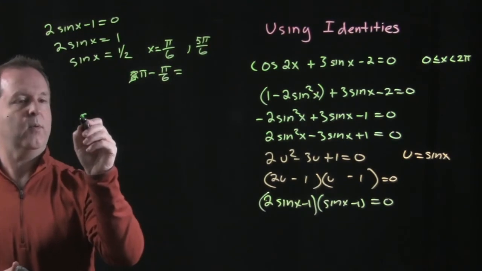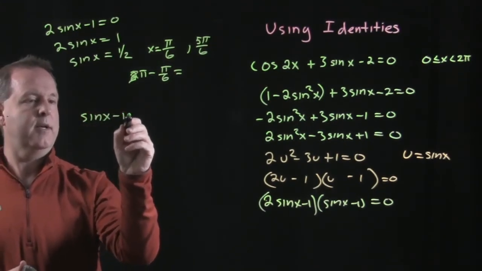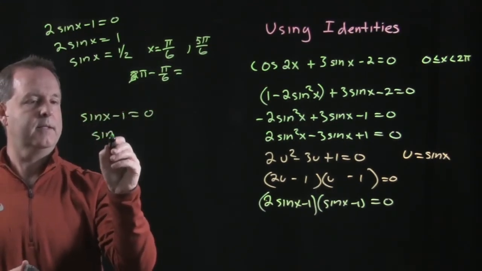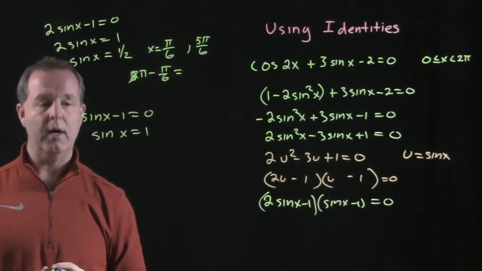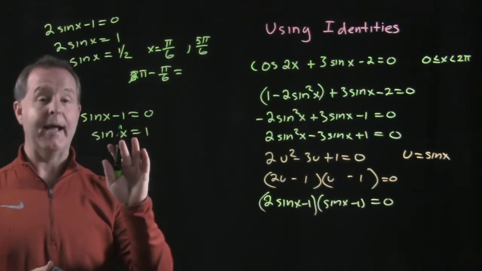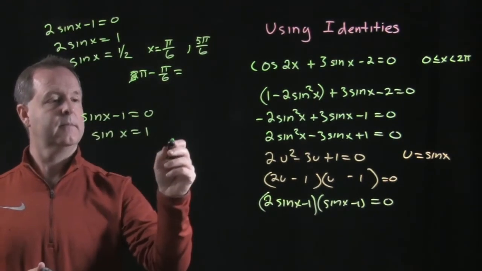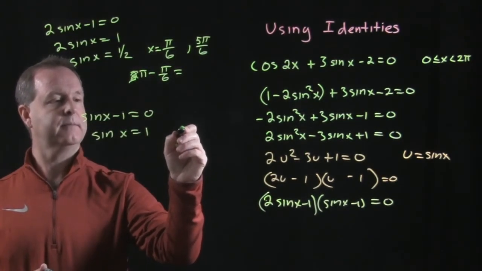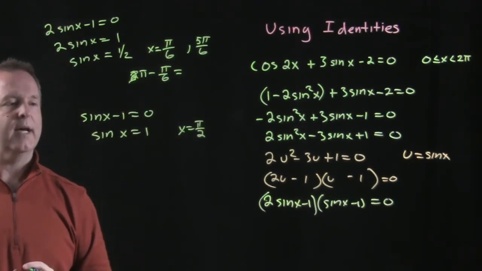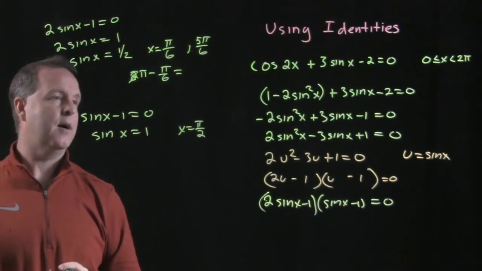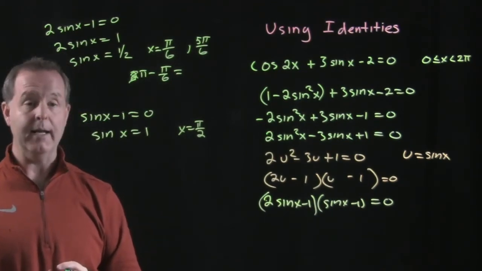The second one then, we want to look at sine of x minus 1 equals 0. Sine of x equals 1. So where is the sine of x equals 1? That occurs at pi halves. So x equals pi halves. There's nowhere else where the sine of x is a positive 1 within the interval from 0 to 2 pi.